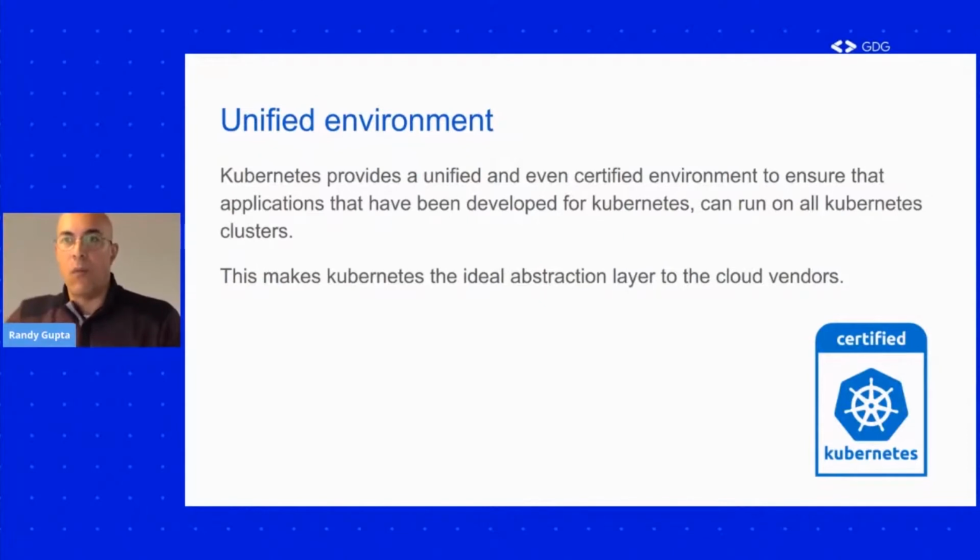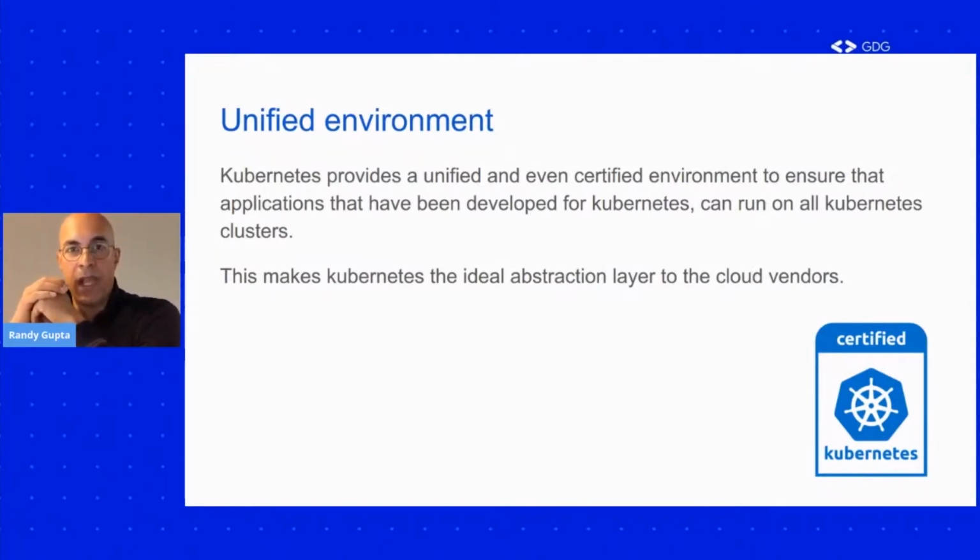So when you develop for Kubernetes, you have a certified Kubernetes cluster. For example, GKE, the Google Kubernetes Engine, is a certified cluster. Amazon EKS is providing certified clusters. Azure is providing certified clusters. Also the distributions that I've listed before, Rancher, even if you take your own machines, you can have a certified cluster there.